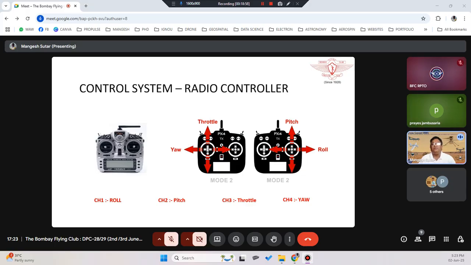But using mode 2 configuration is also not difficult, because there is nothing lefty or righty here. You just have to understand which joystick controls what motions of the drone or the aeroplane. So that is mode 2. We remember it as RPTY. Remember this. This will be a question asked.